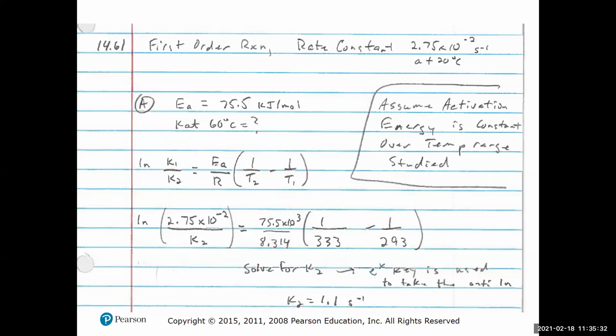So what we're going to have to do is use that e to the x or a to the x or however your calculator has it, e to the x key to take the anti-log, because we're going to have to find the anti-log at some point. If we do all that correctly, then we should get 1.1 seconds to the minus 1 as our K2.